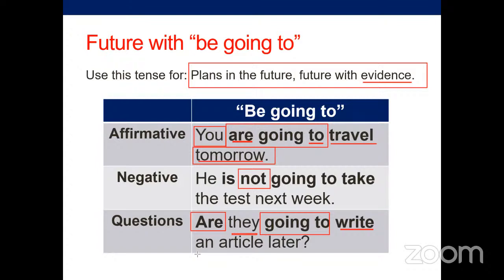Now, a question. First, I'm going to ask you a question and then you ask me a question. Okay. All right. So, first, are you going to ride a bike this weekend? No, I'm not going to. Good. But if you want only the short answer, you can say, no, I'm not, period.